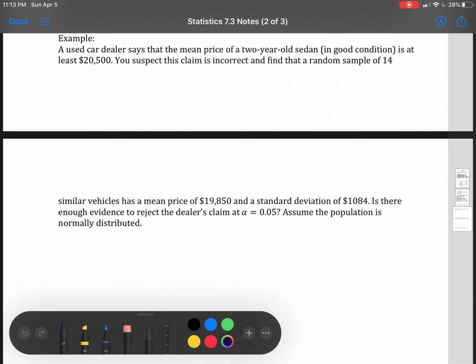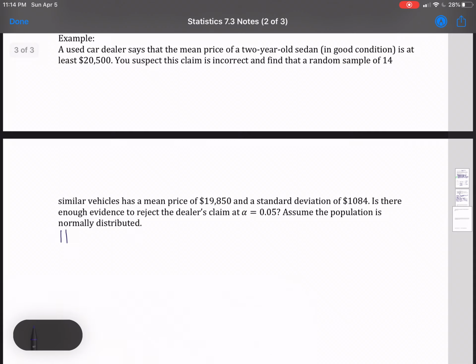All right. First thing we want to do is state our null and our alternative hypothesis and determine which is our claim. From the first sentence, we know that the claim is at least 20,500.